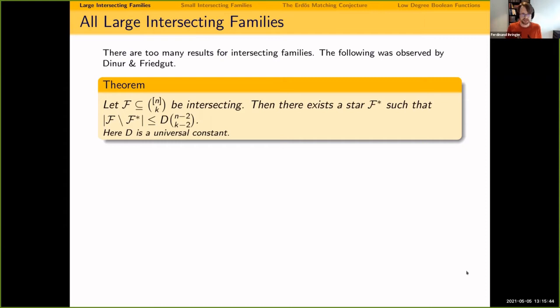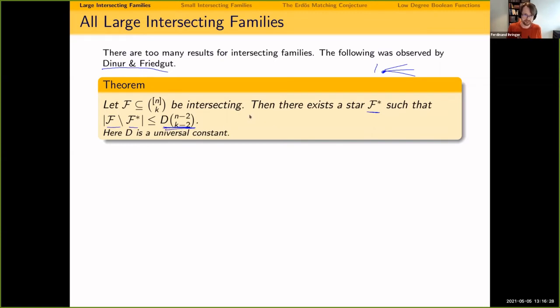For example, this result was observed by Dino and Friedgut. It might have been that this is one of the results that was already in some variation observed by Frankl before. There's always a risk with all Erdős-Ko-Rado results for sets that Frankl already did it. But at least they also observed it. That for an intersecting family, you can always find a star, a star being something where all sets contain one element, and you can remove that star from your family and you will get something relatively small.